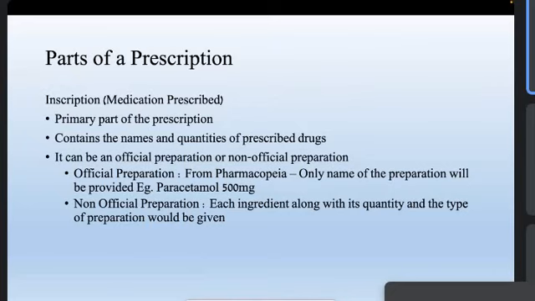This is usually not used much, but can anyone tell me, I will not call it a non-official preparation, but a preparation that is done and then given to patients. Have we seen anything like that? Any common preparations? Or at least you educate the patients to prepare and then use? Anything like that?